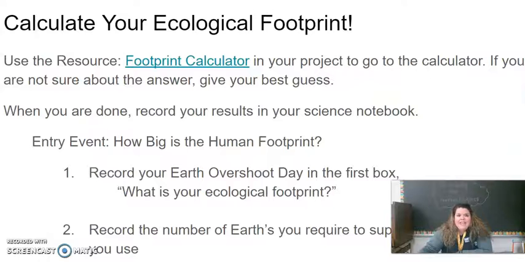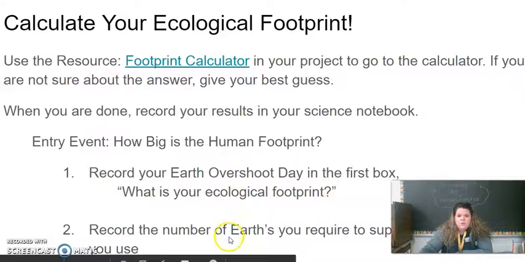So now it's time to calculate your ecological footprint. You're going to use the Footprint Calculator resource in your project. If you are not sure about the answer, give your best guess. Now we're going to use our science notebook. You're going to record your Earth overshoot day in the first line. What is your ecological footprint?